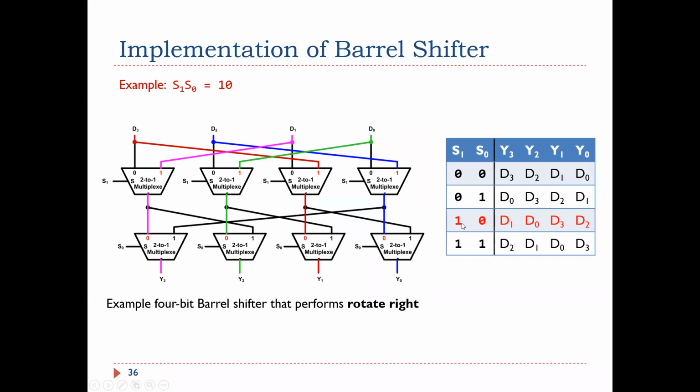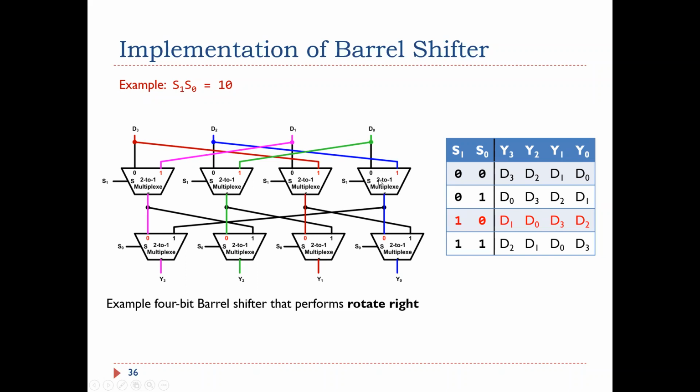Now the control input, the switching input S0, which is the bottom layer here, will be 0, so it will be selecting input 1. And the upper layer, S1, will have a switching input of 1, meaning that S1 equals 1, we are going to select the second input.